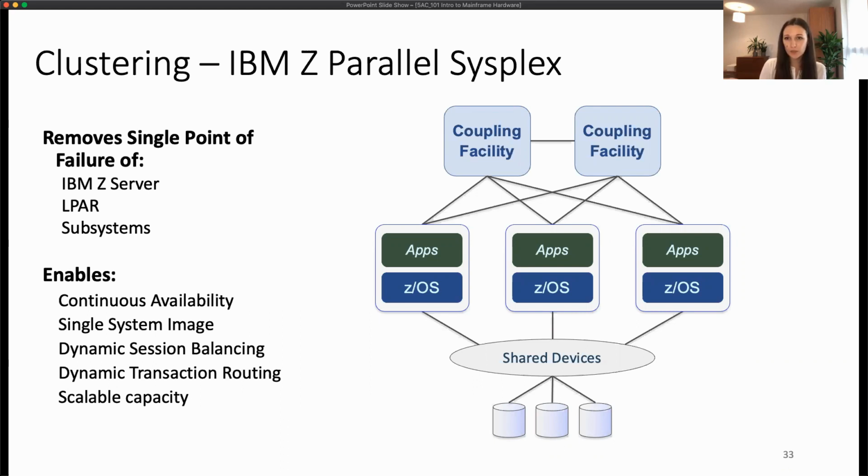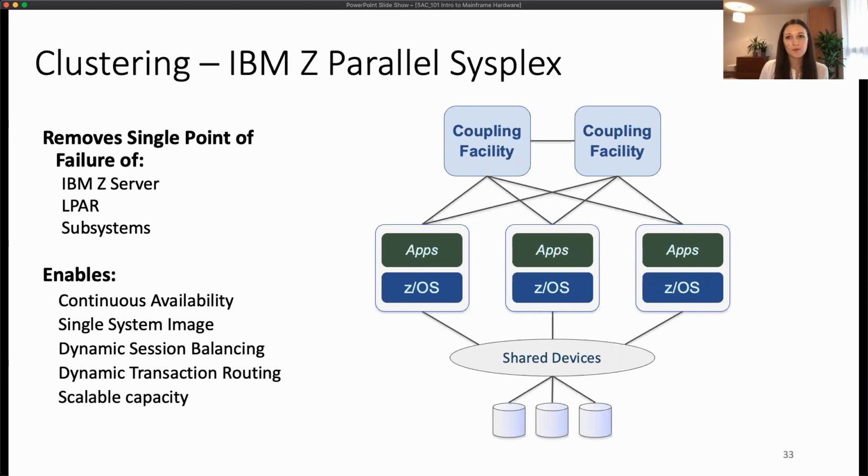So this really then ensures the communication of the members of the Sysplex. And the main benefit of this is, of course, that you remove single points of failure. So if a natural disaster would happen and if a data center would go down, you have other locations that can take over, and you would avoid downtime and you would avoid loss of data.